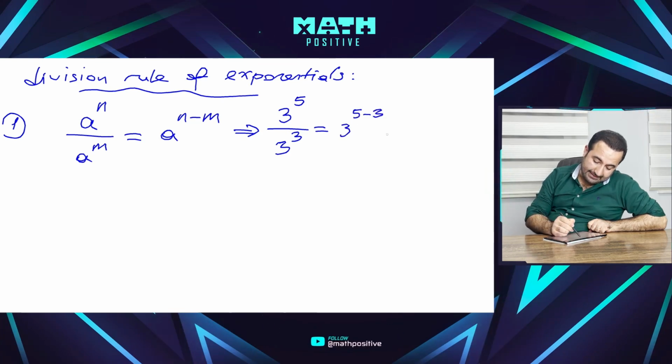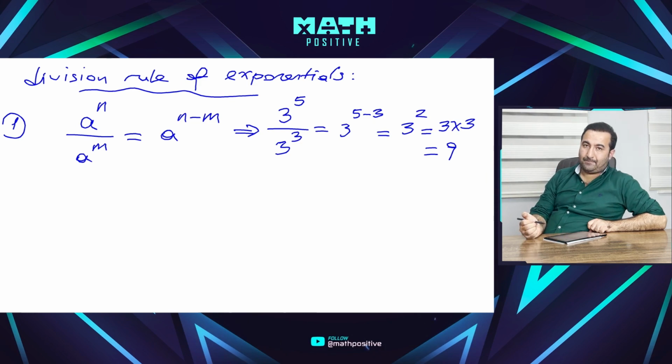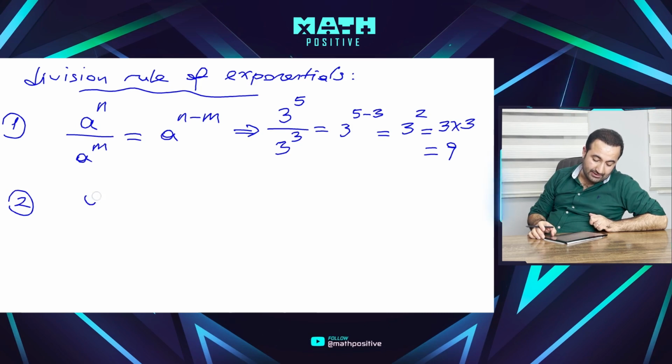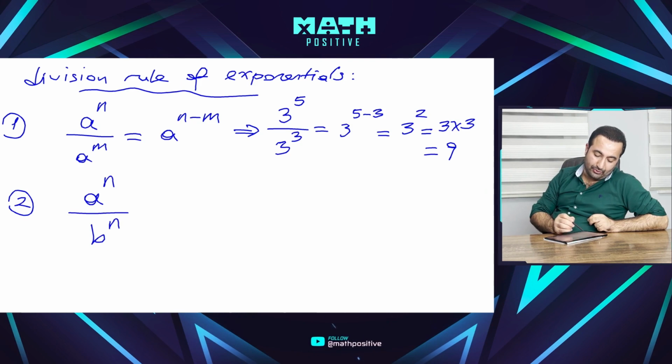We have, let's say, 3 to the power 5 over 3 to the power 3. Then we will just subtract the powers and find 3 to the power 2, which is 3 squared. 3 times 3 equals 9. Okay? If we divide two exponentials with the same base, we subtract the powers and find the answer.